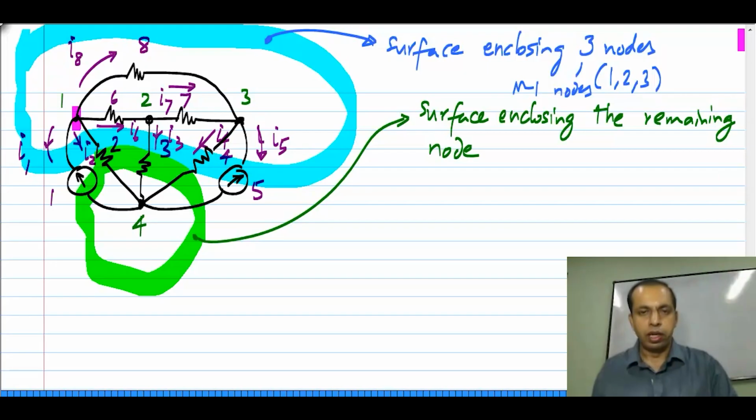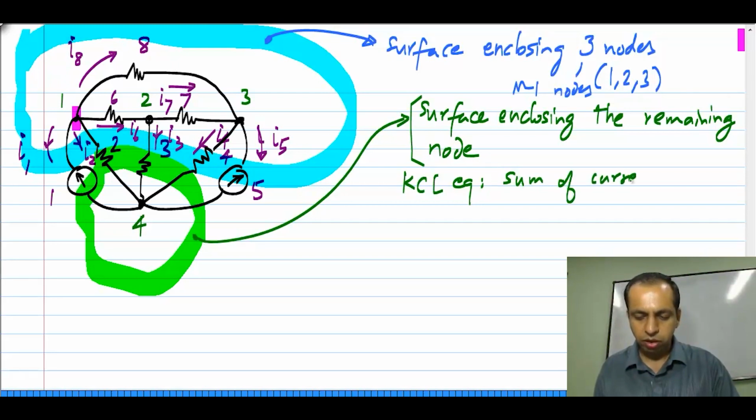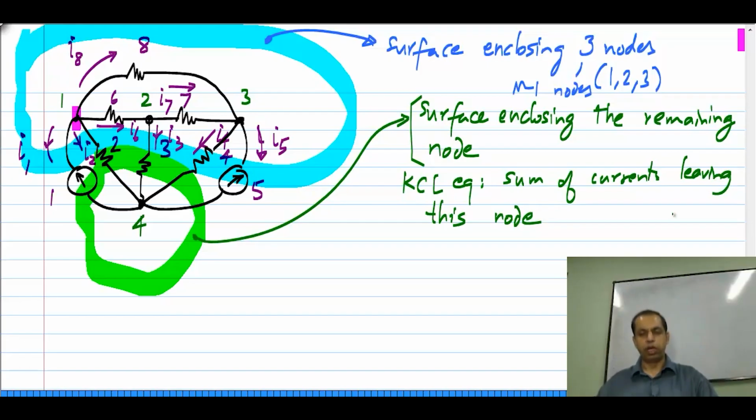Now, let us write KCL equations. If we do that, what we will be writing is the total current leaving this node. In this case, the KCL equation for the last node gives you the sum of currents leaving this node. Now, clearly, one of these surfaces encloses n minus 1 nodes, the other surface encloses the remaining node.